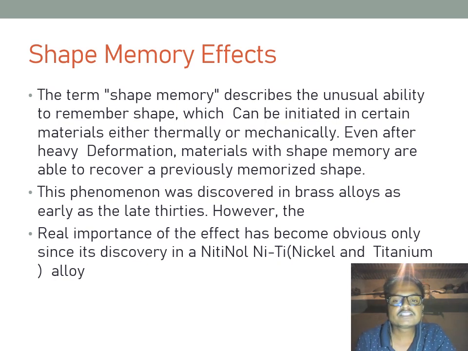This phenomenon was discovered in brass alloys in the late 1930s. However, the real importance of the effect became obvious only after the discovery of nitinol, nickel and titanium. After nitinol came, the shape memory effect became more commonly and more effectively used.